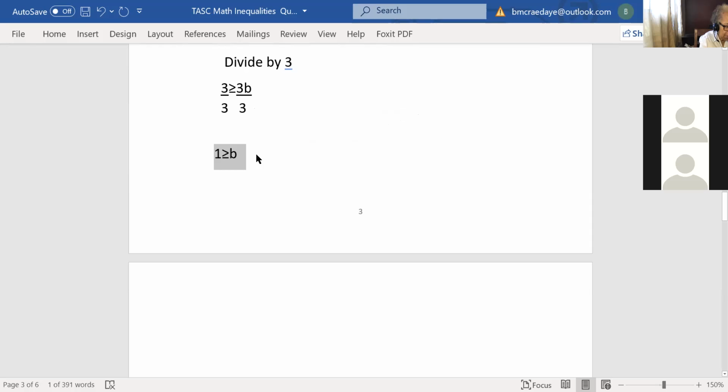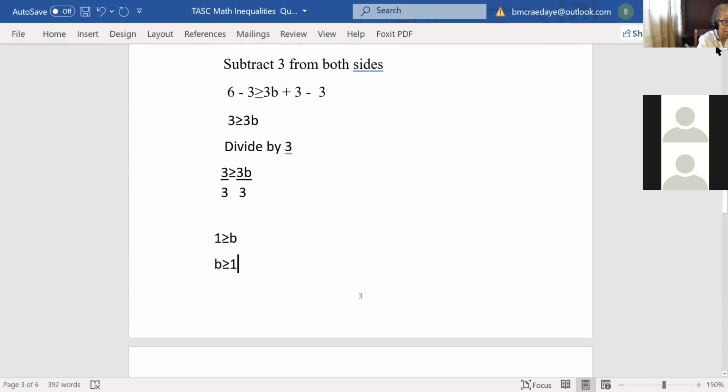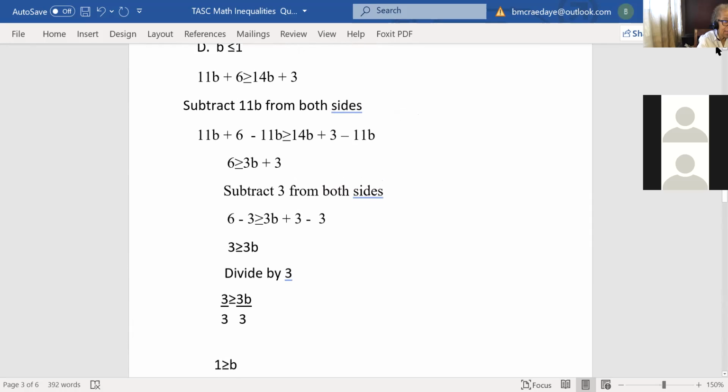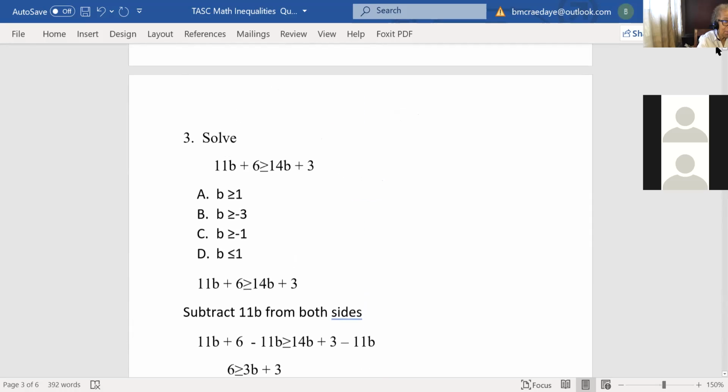So let's just copy this. This would be b. This would be 1. And the symbol would be less than. So let's just get our less than symbol.